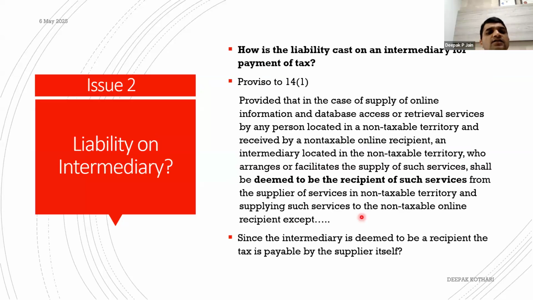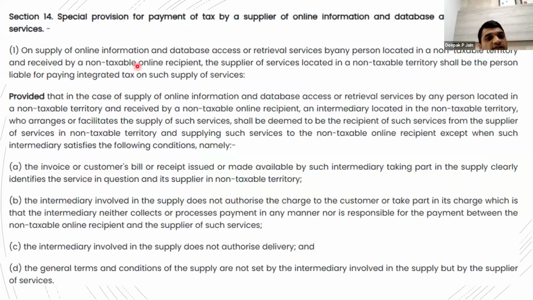The second issue is section 14. We'll go through section 14 to understand. Only the proviso part, because section 14 subsection 1 says that when an OIDR service is provided by a person in a non-taxable territory to a non-taxable online recipient, then the supplier is liable to pay the tax.